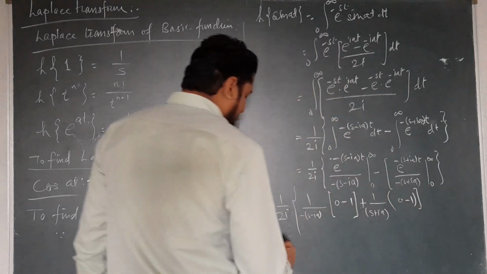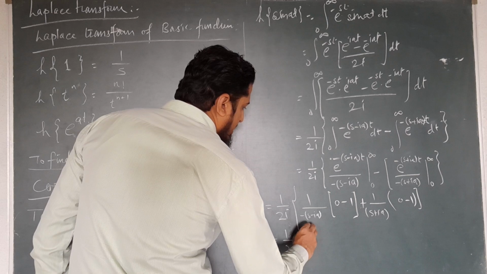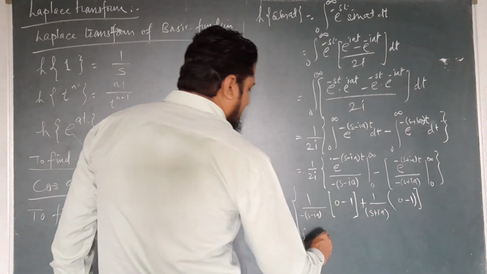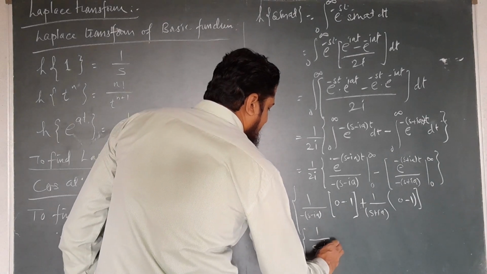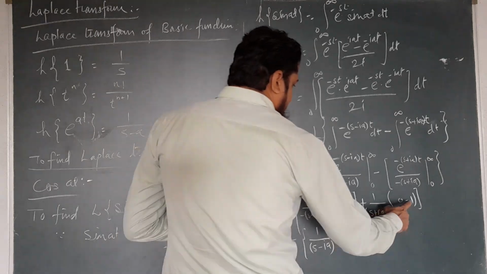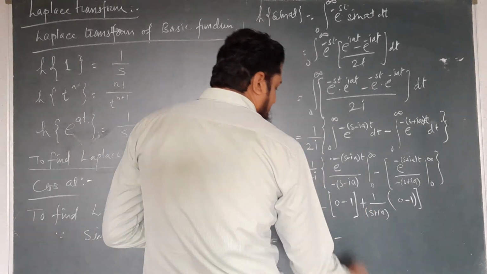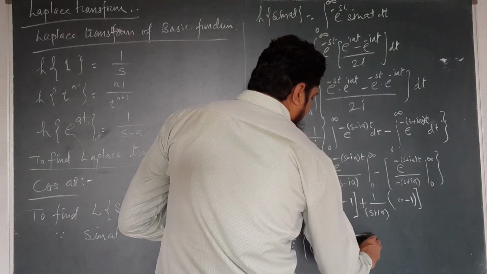So we will have 1 upon 2i, minus minus taking plus 1 upon s minus i a, and this minus and this plus becomes minus 1 upon s plus i a.